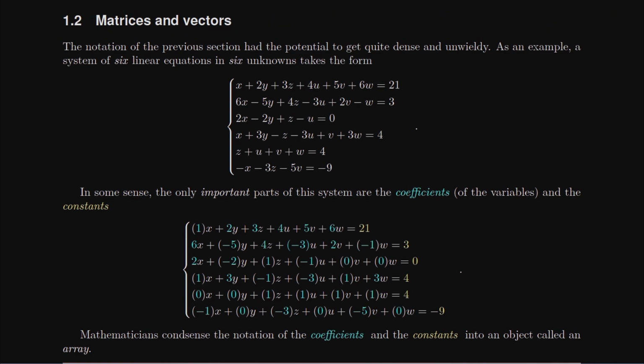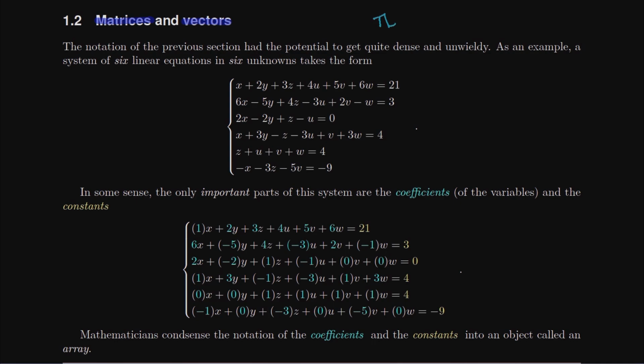Well, let's start out with a system of linear equations again. This beast of 6 equations in 6 unknowns gets pretty ugly, right? We could jump up to 100 dimensions if we wanted to, and we'd have 100 equations with 100 unknowns, and we really don't want to represent it just as a massive curly bracket and then a bunch of variables sitting around all equal to a specific number. There's got to be a better way, right? And so what matrices and vectors are going to try to do is isolate the coefficients for us.